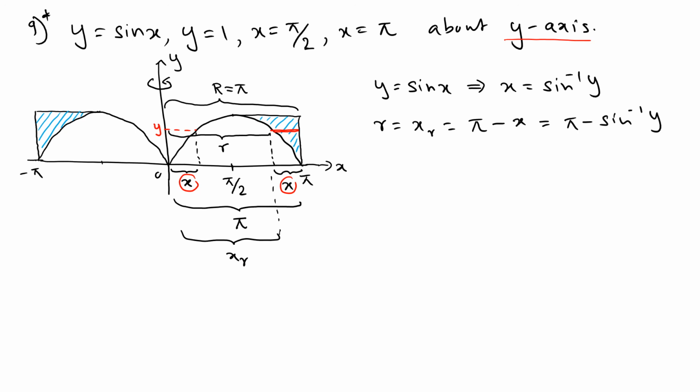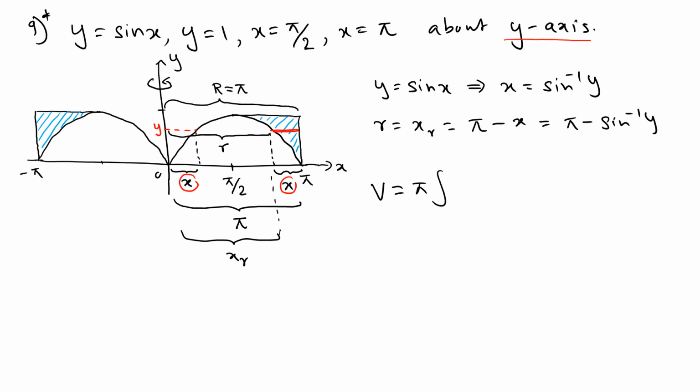So that is the difficulty here. You need some nice algebra knowledge to do this problem. So the radius is pi minus sine inverse y. That's a very special situation. Now we can write the formula. V equals, after that we can do everything. You can see this is a dy problem.